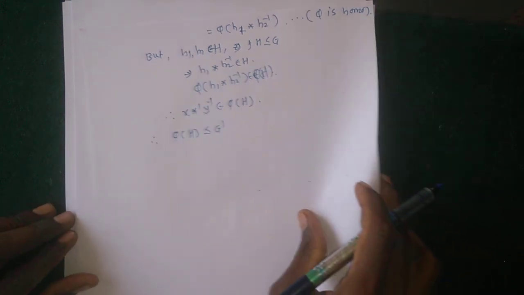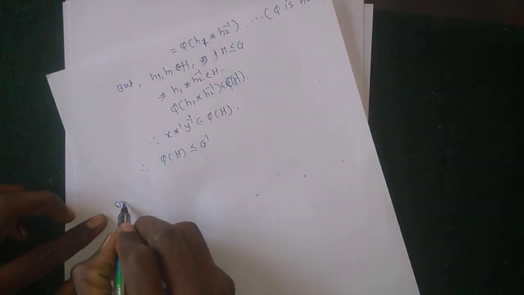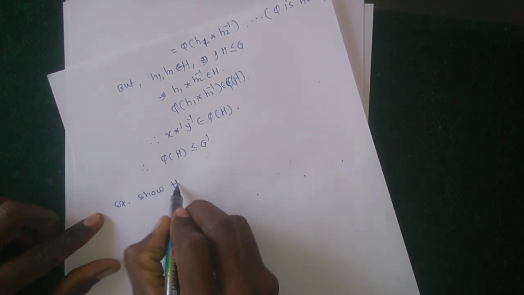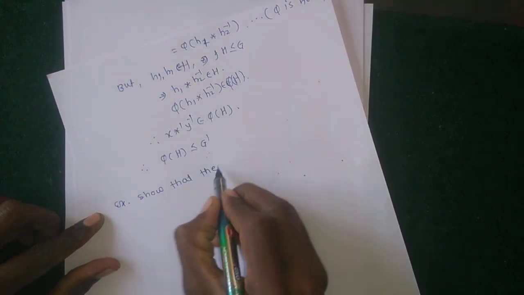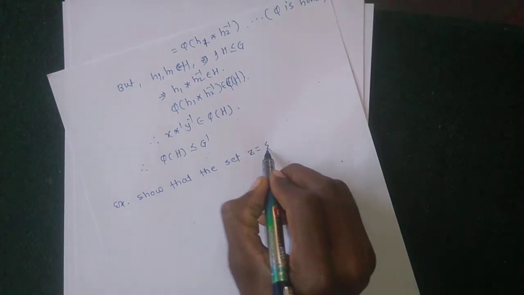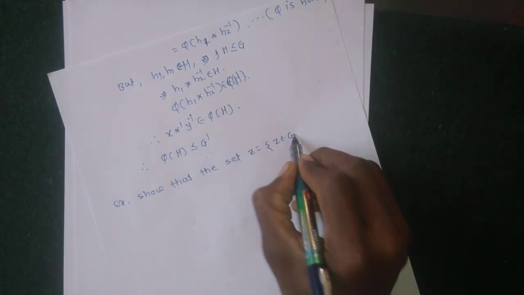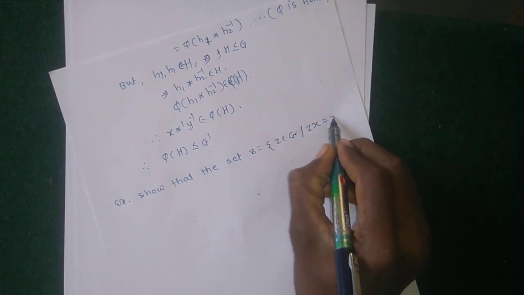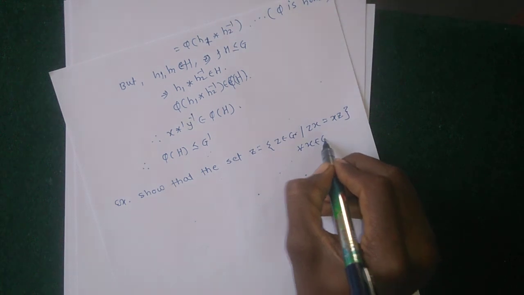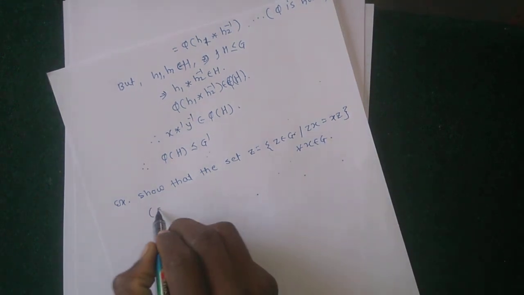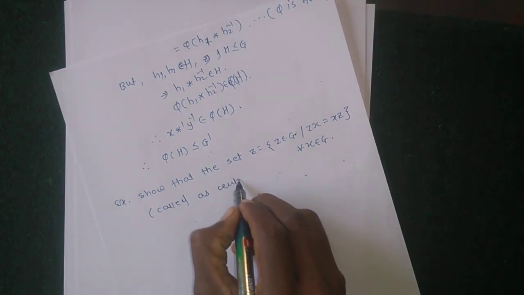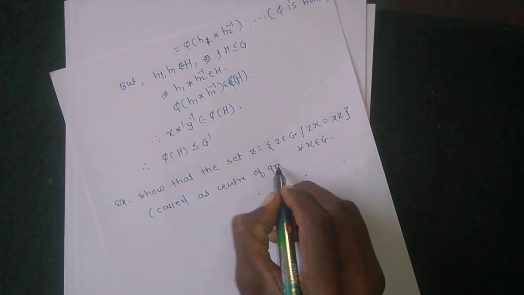Next example: show that the set Z equal to the set of z belonging to G such that zx equals xz for all x belonging to G is called the center of the group.